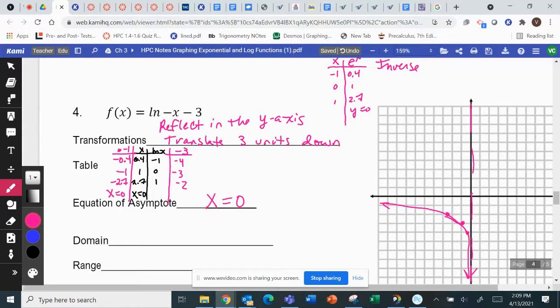So I just plotted the points for my table. The domain goes from left to right. And because we switched the x's and y's, this was an inverse, the domain and range kind of switched too. My asymptote is now a different direction.